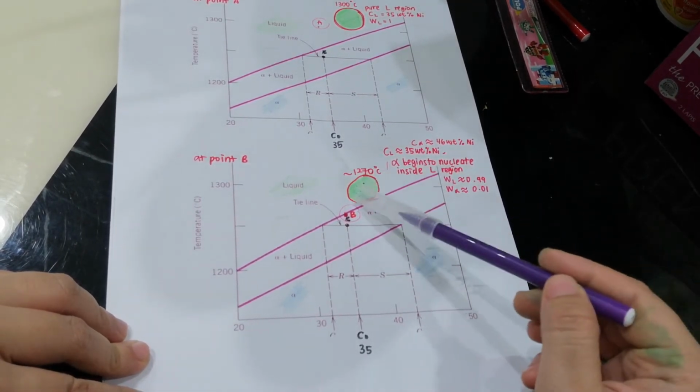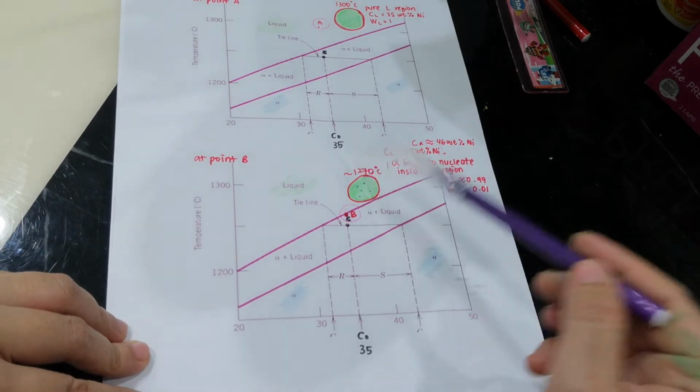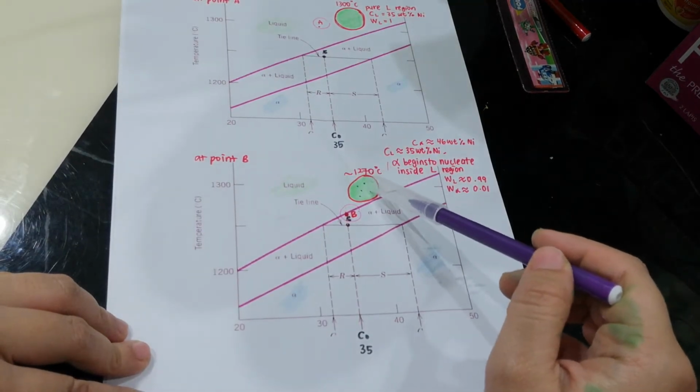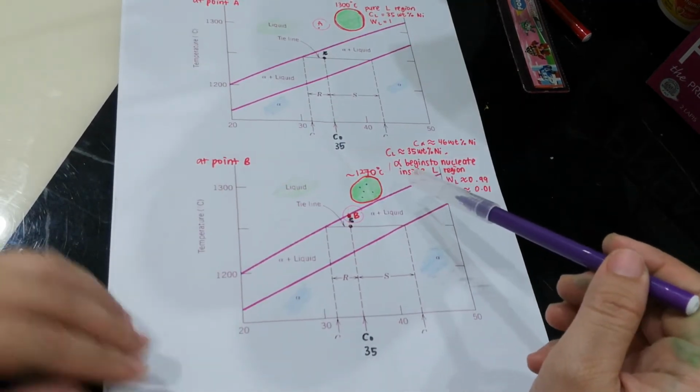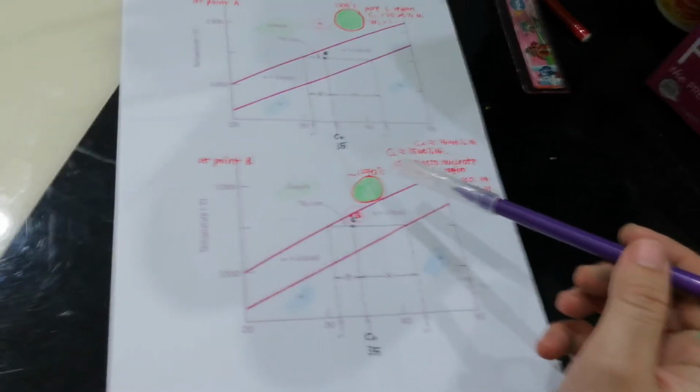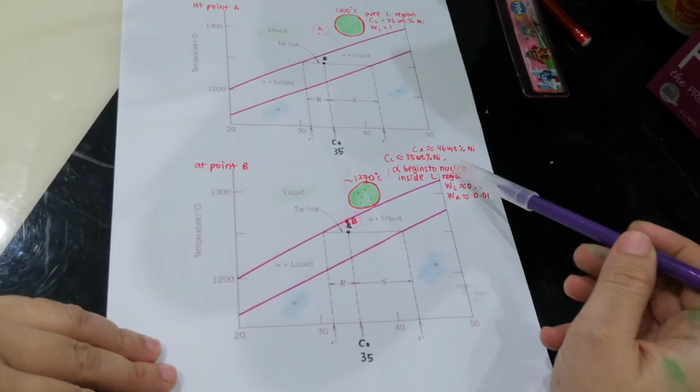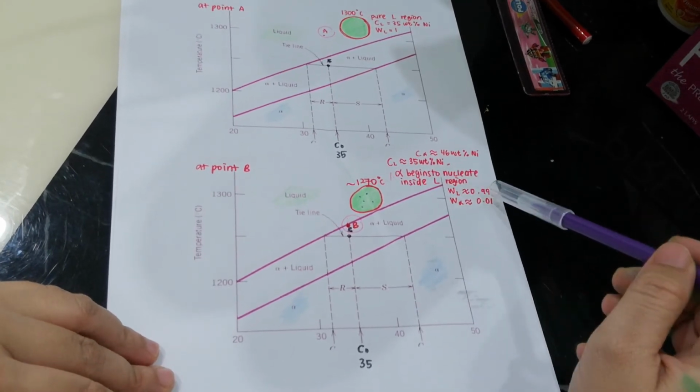That is why you can see all the little blue dots here, which indicate that solid alpha begins to nucleate inside the liquid region.